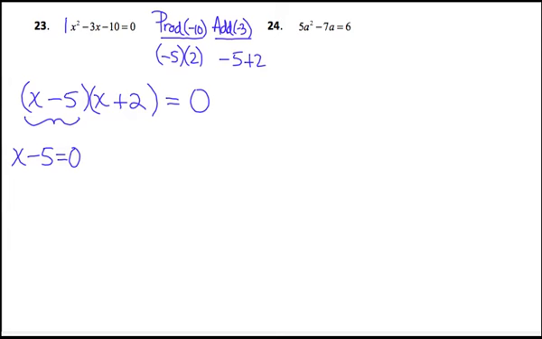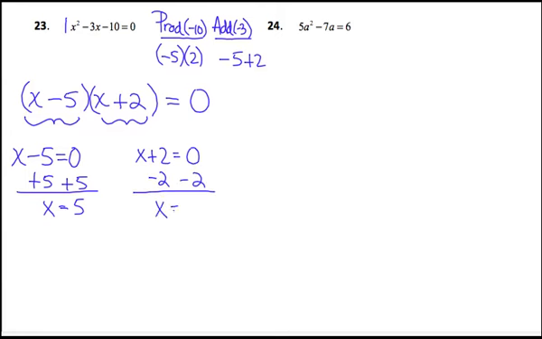So either x minus 5 would be equal to 0, and we'd add 5 to both sides, and we'd find one of the solutions, x is 5, or we would set x plus 2 equal to 0, and we'd subtract 2 from both sides and find out that the other solution for x is a negative 2.